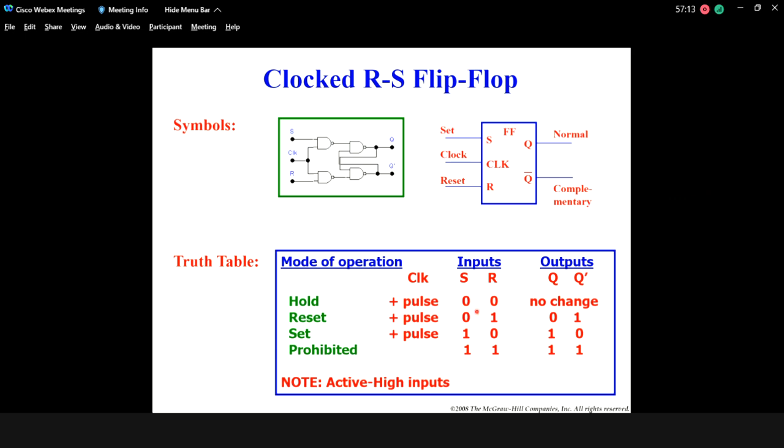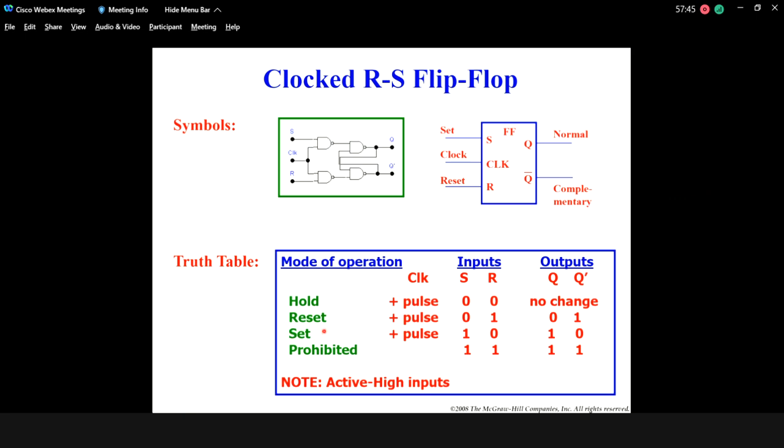So active high is just the opposite of the previous flip-flop. Just follow S. When you give 0, 0, it is no change, we hold. If S is 1, Q becomes 1. And if R is 1, Q becomes 0. The prohibited mode is 1, 1.